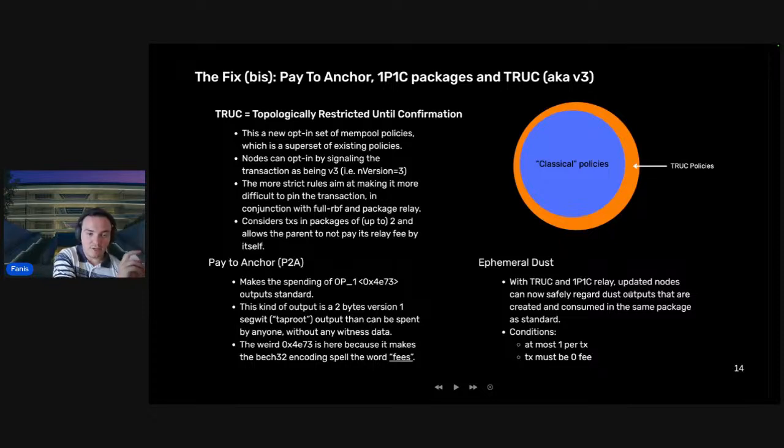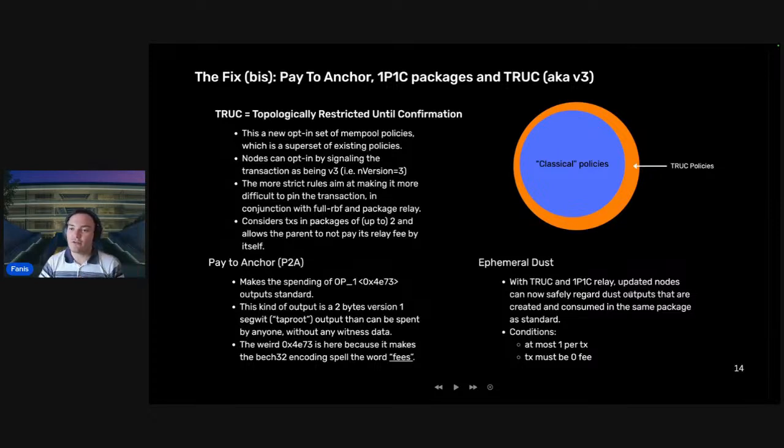The fact that we can now consider packages of 2 transactions, one parent, one child, that are both unconfirmed, means that we can create a dust output in the parent transaction and immediately spend this output in the child transaction. And so we know that we don't actually create this dust output in the block where the package is included.